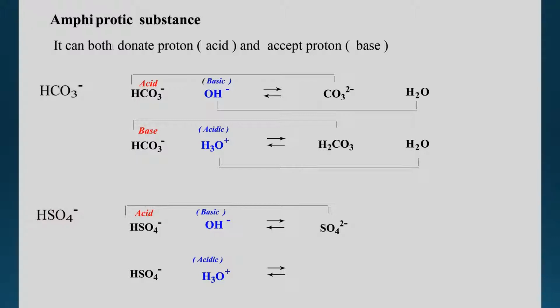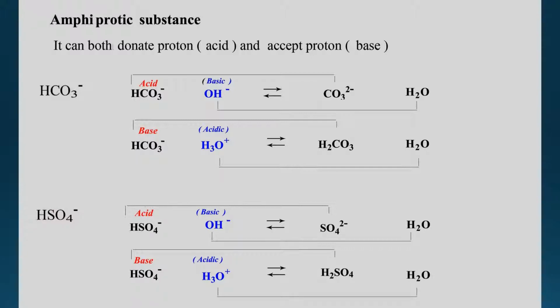OH 1-: your mirror pair has 1 H more, an acid. Bottom example. When this amphiprotic meets a strong acid, you are obliged to become a base. So your mirror pair is an acid with 1 H more. For H3O+, your mirror pair has 1 H less.